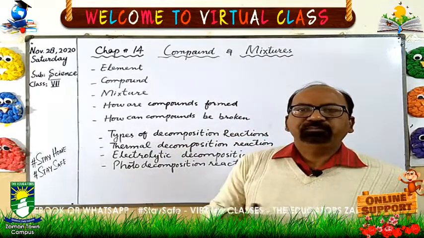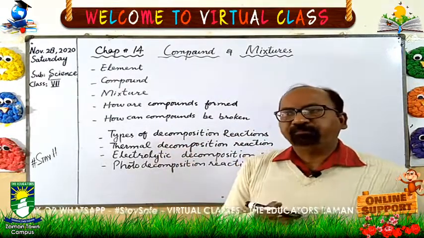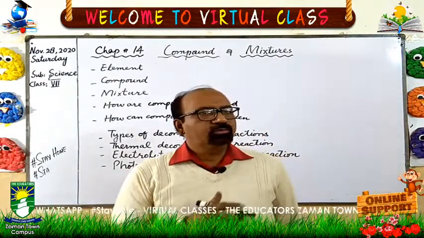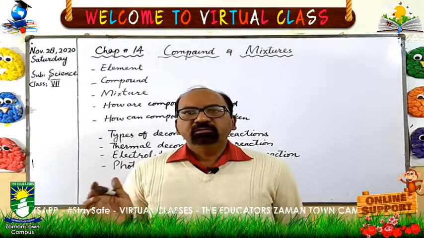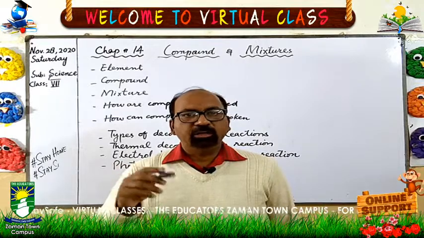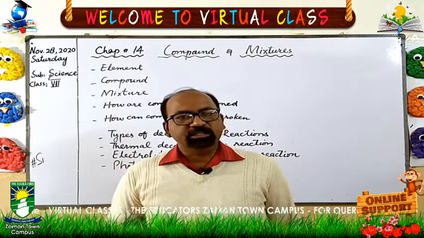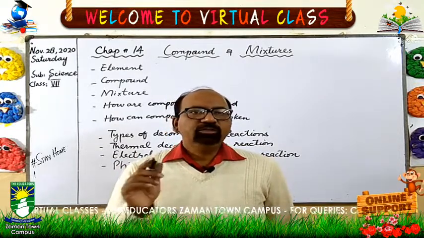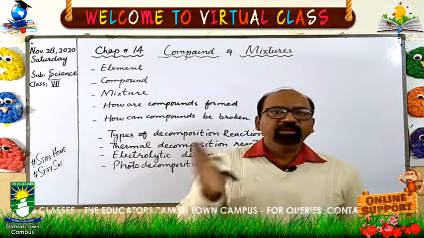As we know, when we see around us, there are a lot of non-living things. You know very well, from the previous classes, you have understood the difference between living and non-living things.